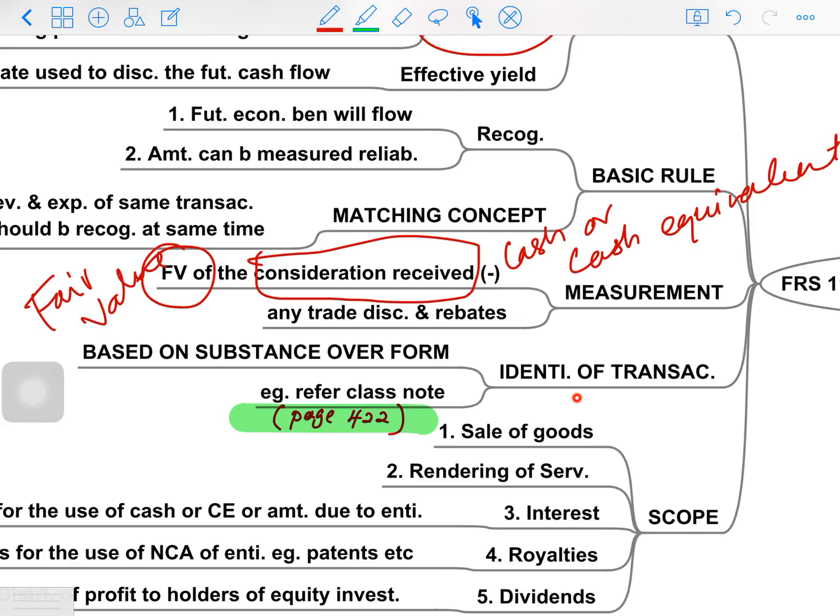Right? For example, an entity may sell its inventory of immature timber to a financial institution with a condition to buy back the timber at a later date. Maknanya ada company yang buat tebang kayu balak contohnya. Dia ada kayu balak, tapi kayu balak dia ni masih kecil lagi.